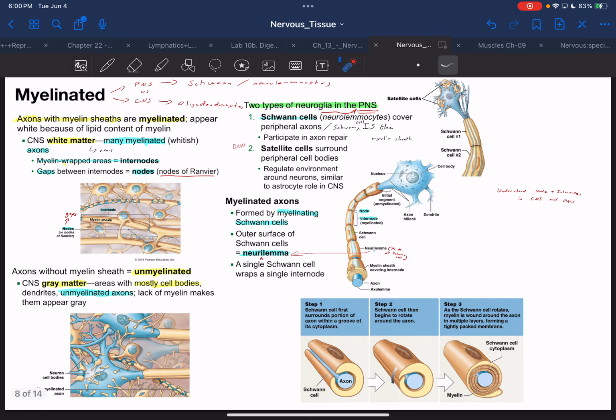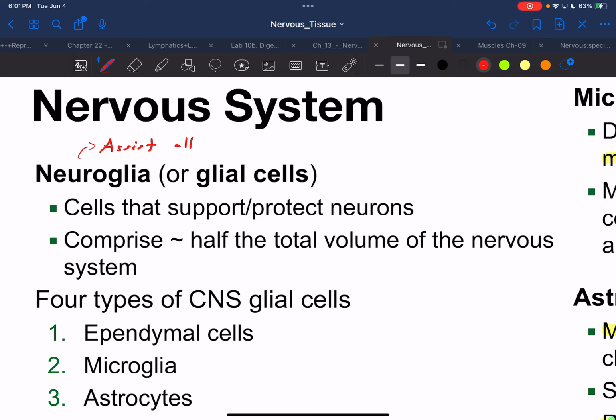They need their neuroglia. And so these neuroglia assist all classes of neurons, I'll say.